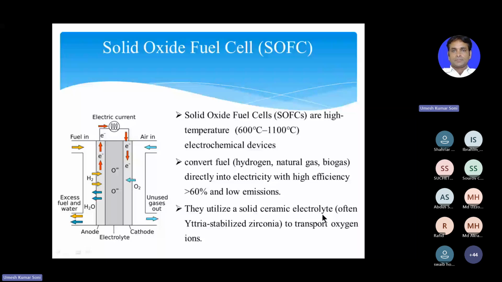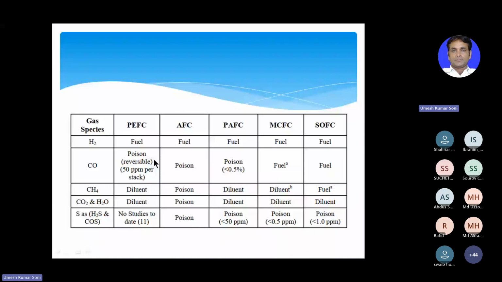Now if we compare these different types of fuel cells, we have the gas species of hydrogen, as this is the fuel. Hydrogen is the fuel for every type of fuel cell. Here carbon monoxide is a poison that is generated in PFC, and in EFC the carbon monoxide is generated.